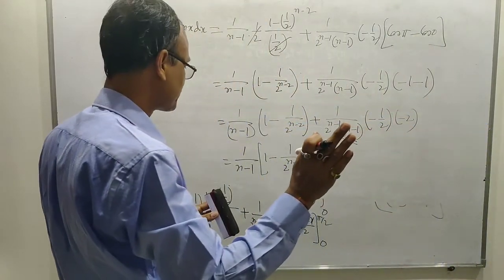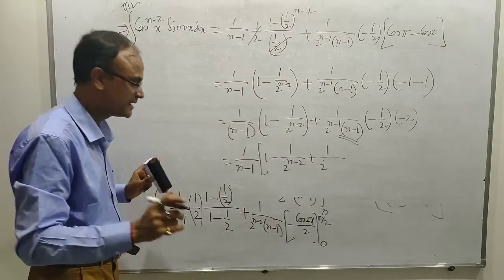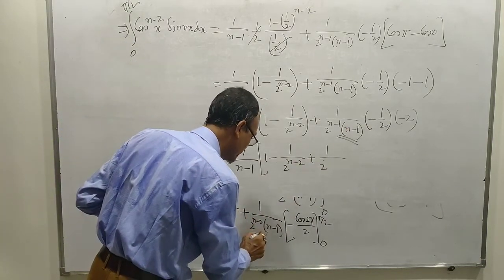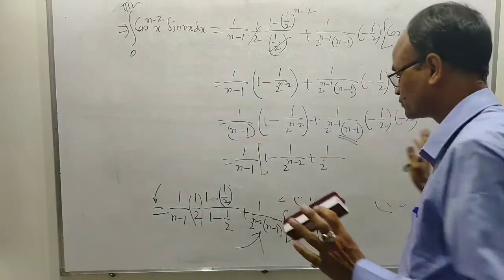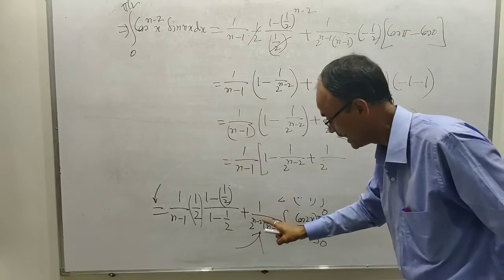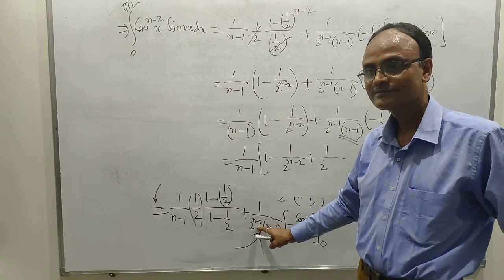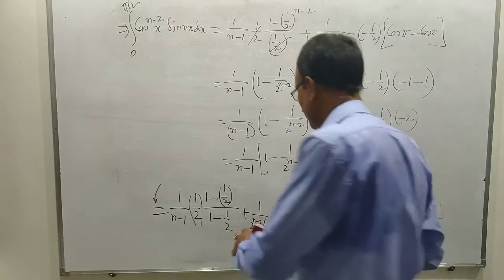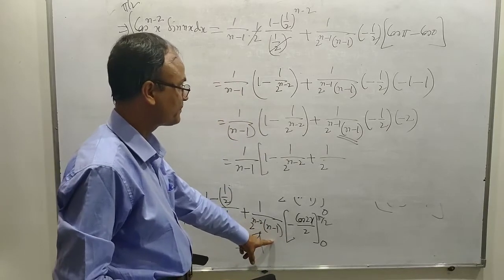One great mistake has been done. Fortunately we did not remove this term. I am sorry, no problem, don't worry. You see here, 1 by 2 to the power n minus 2 into n minus 1.